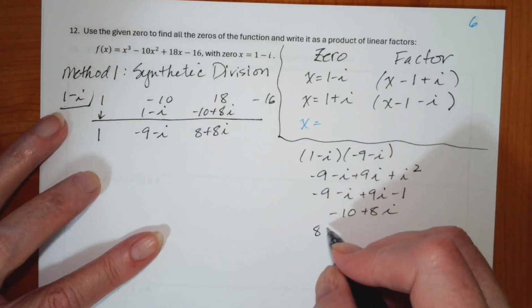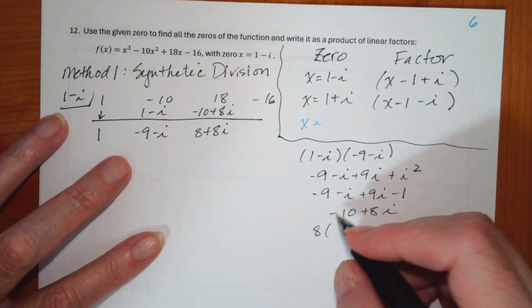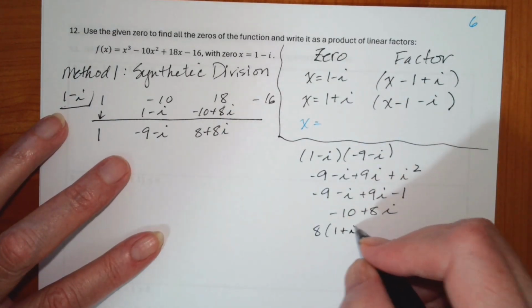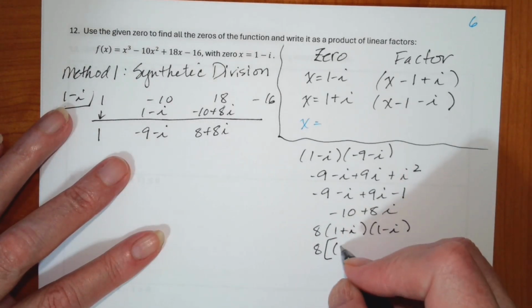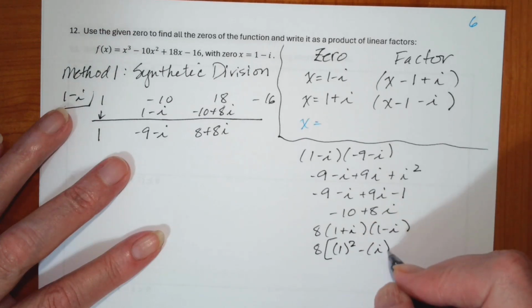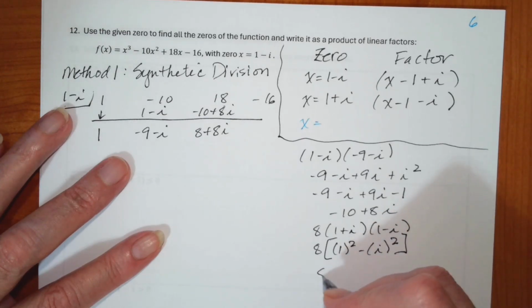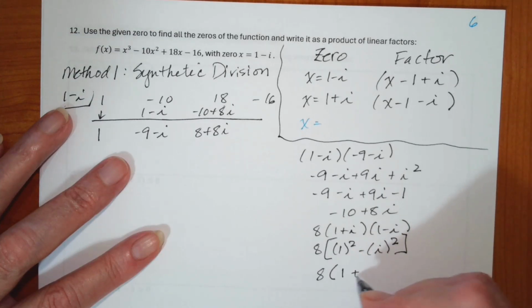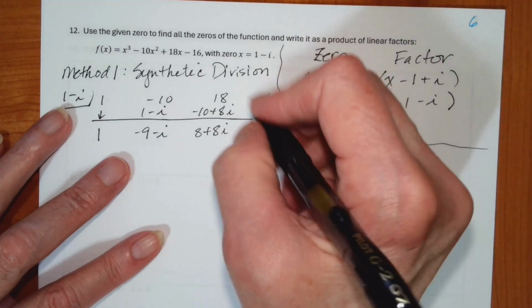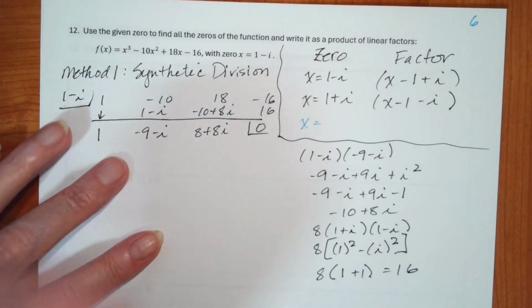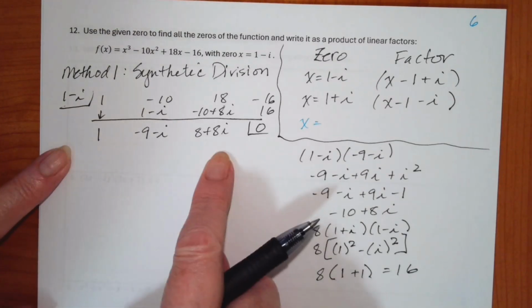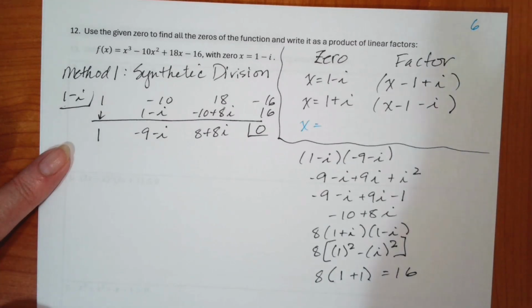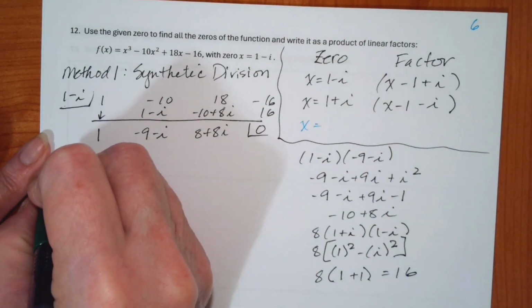Okay, so this gives me 8 times this here. If I factor that out, this gives me 8 times 1 plus i times 1 minus i, gives me 8 times 1 squared minus i squared, which gives me 8 times 1 plus 1, which is 16. And that leaves me with 0. Okay, so now I have to take what is remaining and divide it by 1 minus i.